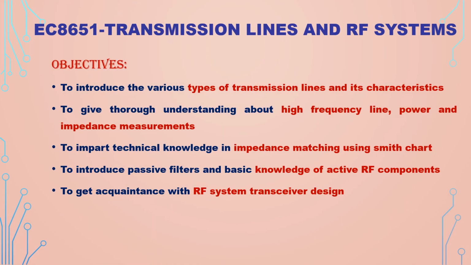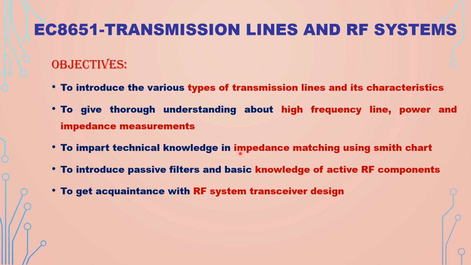So the objectives of transmission lines and RF systems are, first, to introduce the various types of transmission lines and their characteristics. From the second unit, we are going to understand high frequency lines, and power and impedance measurement. From the third unit, we will learn about impedance matching and how to achieve it using the Smith chart.